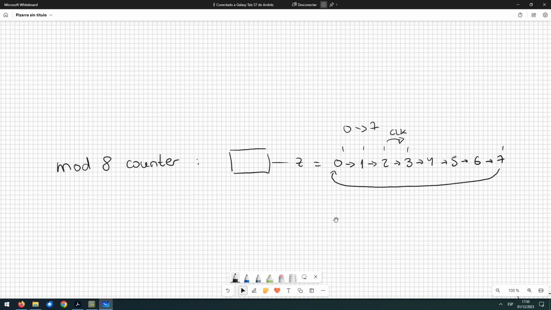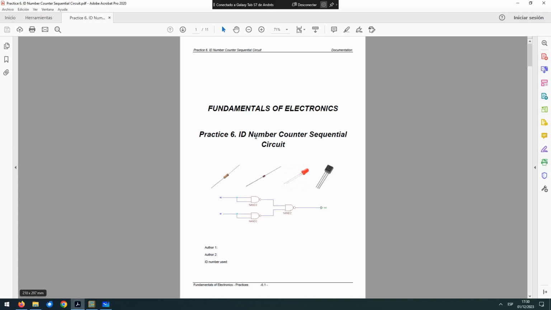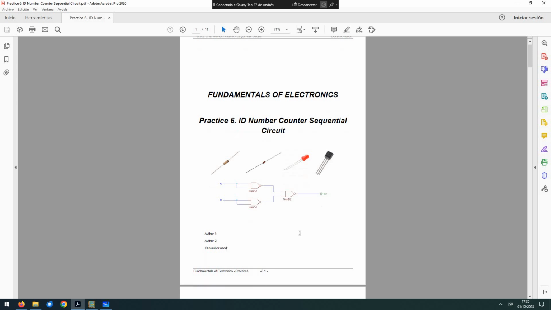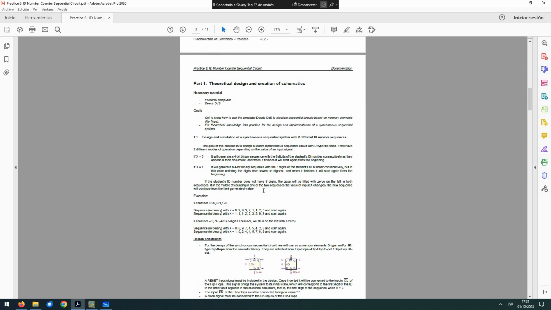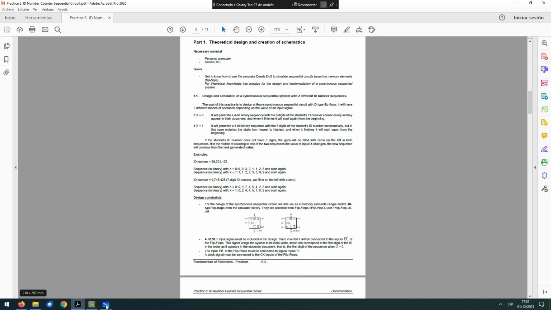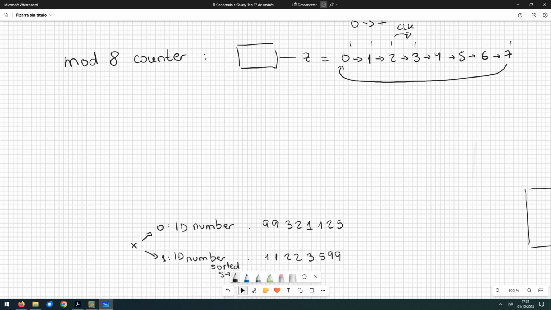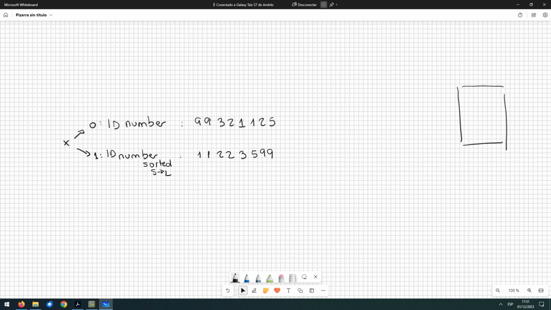So we are going to do another counter that generates a different sequence, and this sequence is going to be your ID number. If you are working in pairs, just select the ID number of one of the authors. If you are working on your own, use your ID number. So the output is going to be each digit of your ID number. So imagine that your ID number is this one.